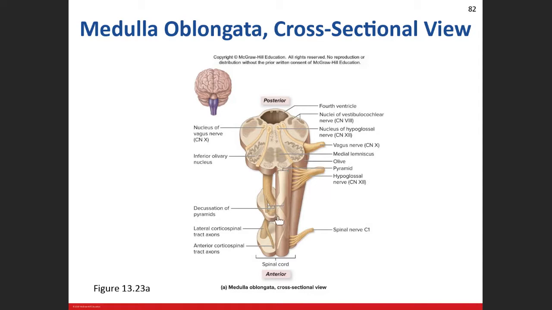Two pyramids here. They are pairs of ridges on the anterior surface. And when these pyramids, which contain ascending and descending tracts, go up, they cross over each other. And this crossing makes an X structure, which we call the decussation of the pyramids.